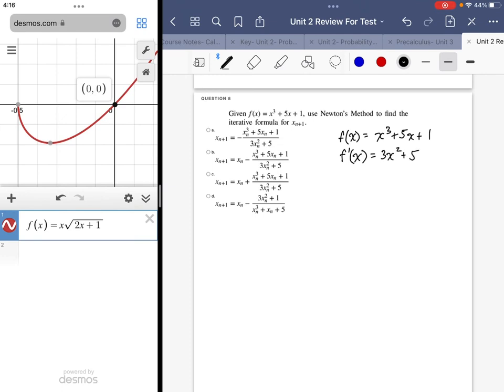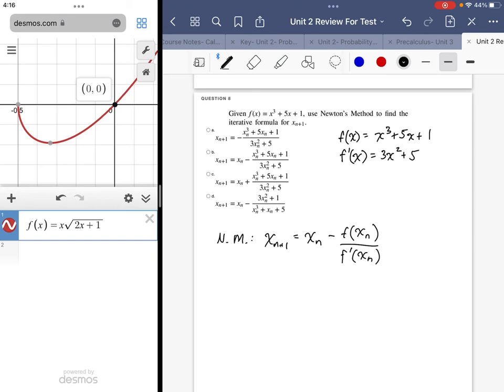All right. So the general rule for Newton's method is x sub n plus 1 is equal to x sub n minus f of x sub n over f prime of x sub n.